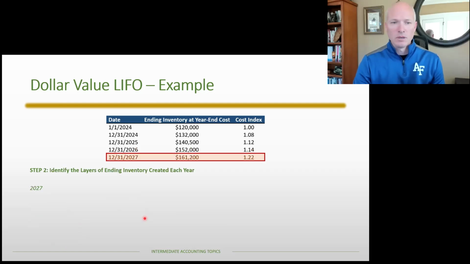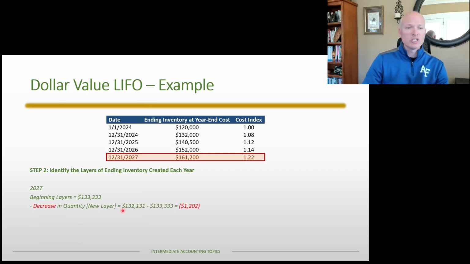All right, so then 2027. Our beginning layer, 133,333. Now, unlike the prior years, we already mentioned, but we're just going to now quantify it. You can see that instead of an increase in quantity, we had a decrease in quantity, because now in base year costs, the quantity went down by $1,202.